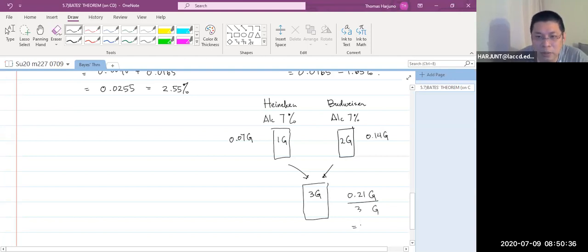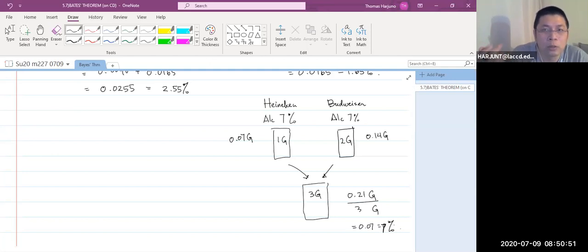That's still 7%. So for the mixture, you add the volume, but the concentration should be in between whatever you have. You don't add the concentration.